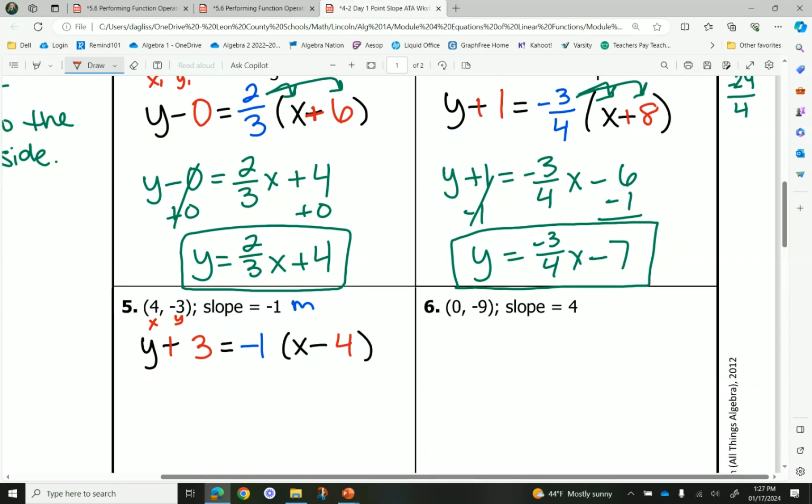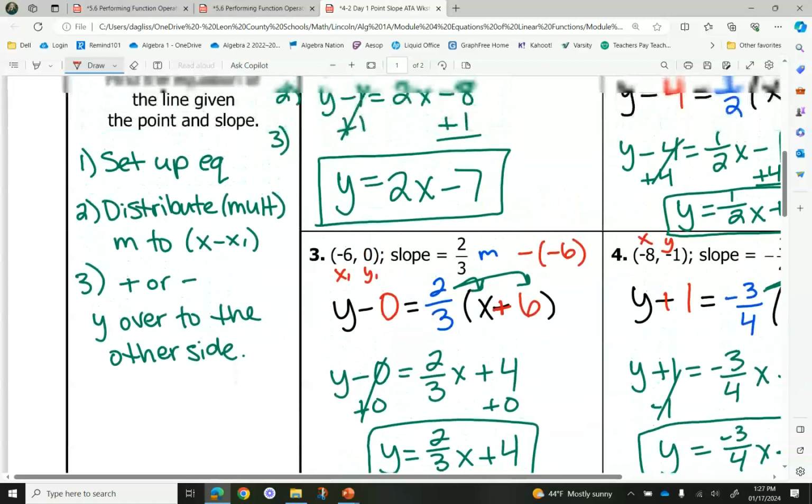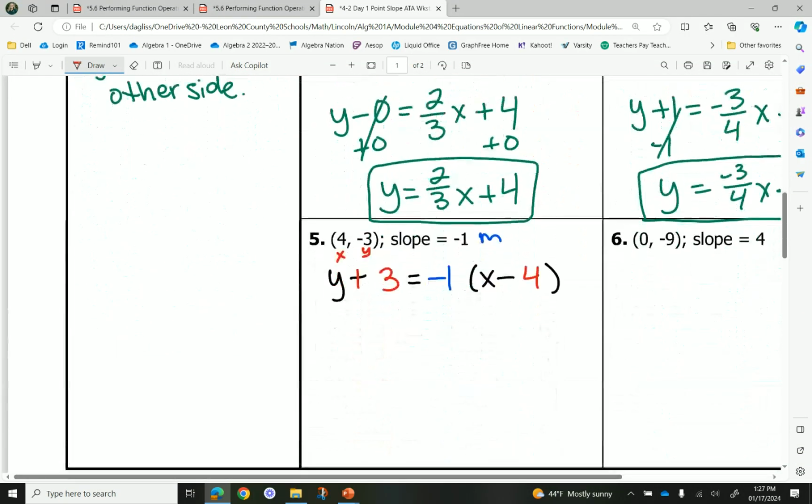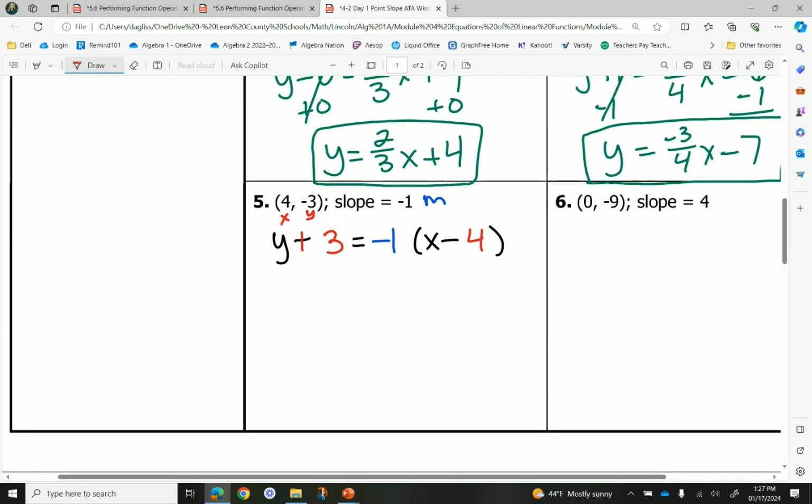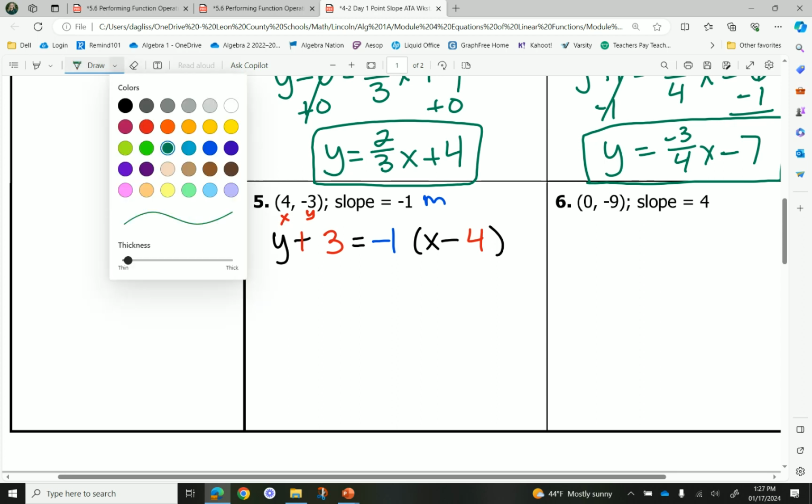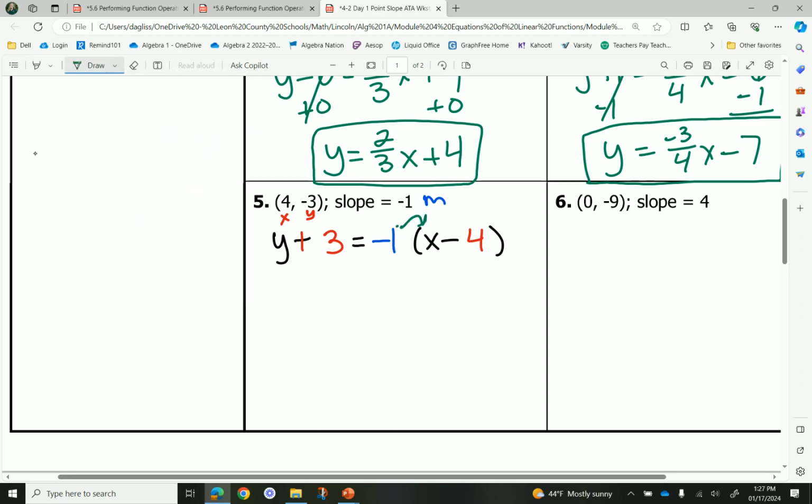Okay. Step 1 was set up. Where's my steps? Here they are. What's step 2? Distribute. So what am I going to distribute? Number 5. Negative 1 to x and negative 1 to negative 4. So we're getting y plus 3 equals negative 1x and then plus 4.